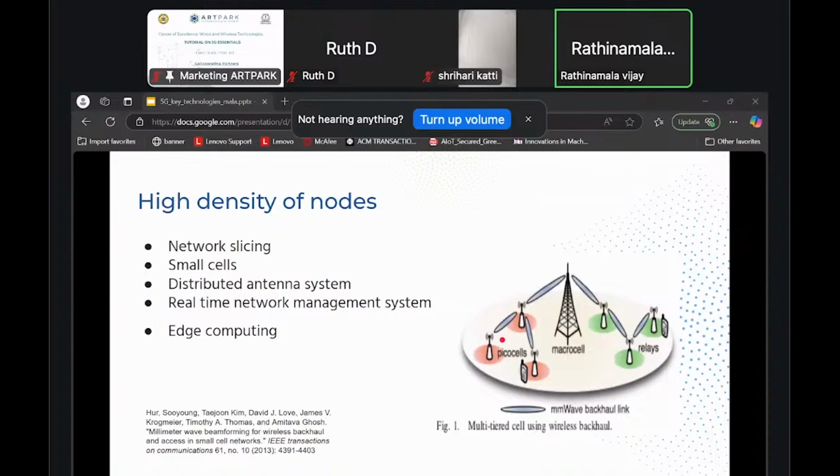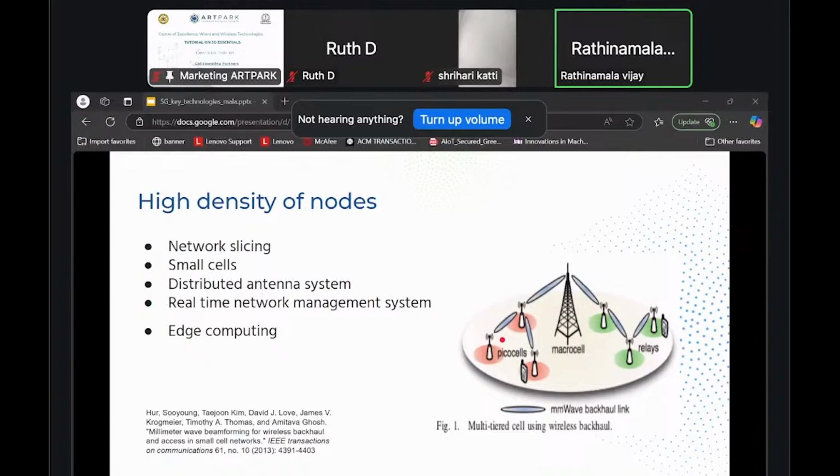If you look at it, the base station transmission power can be reduced. We can use small cells or pico cells instead of macro cells. In this case, the base station transmission power can be reduced in small cells, and then it can connect to nearby user equipments.